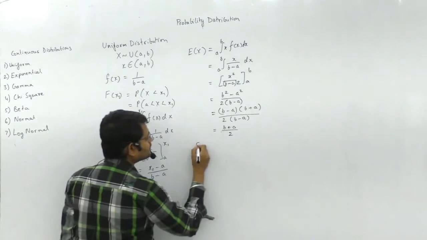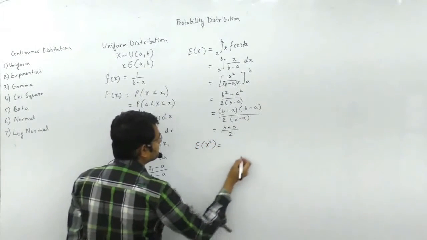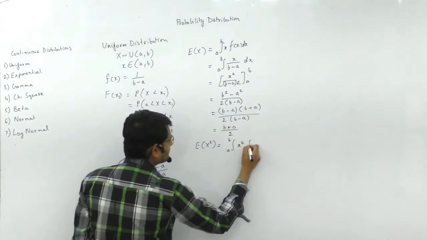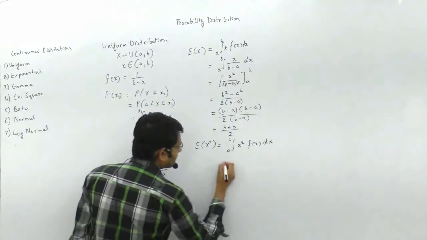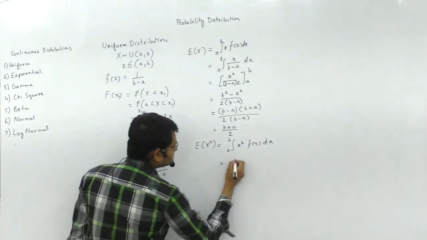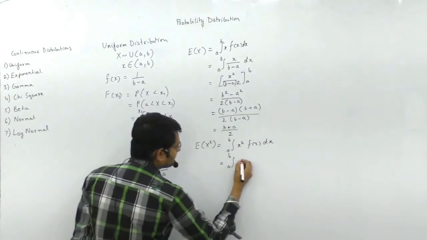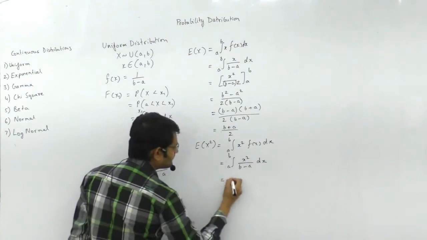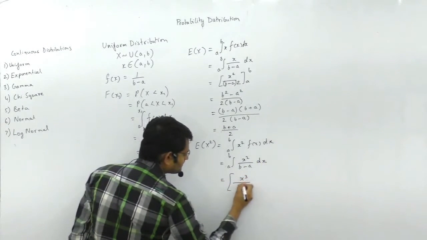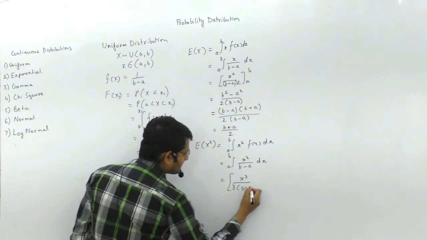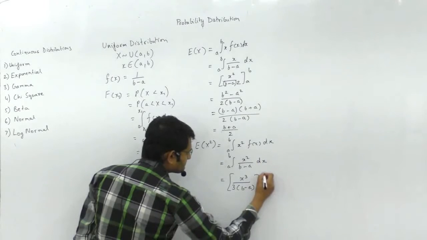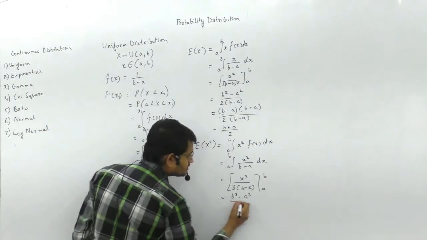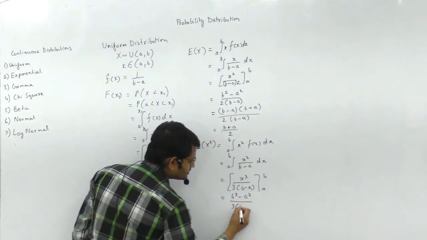Now to find variance, we'll have to find expected value of x square. We get b cube minus a cube by 3 times (b minus a).